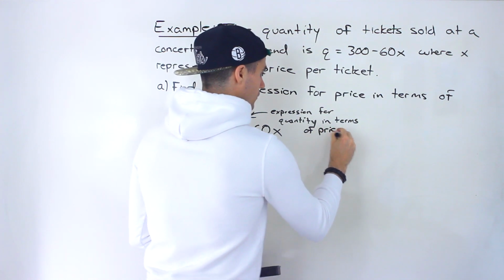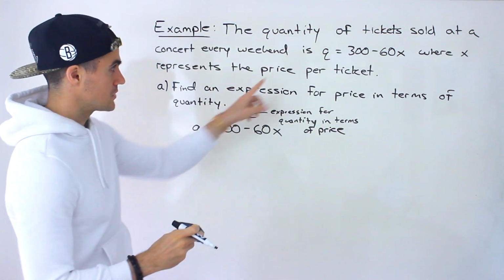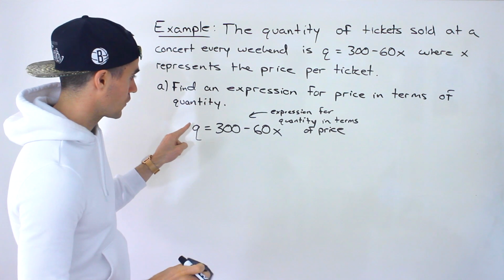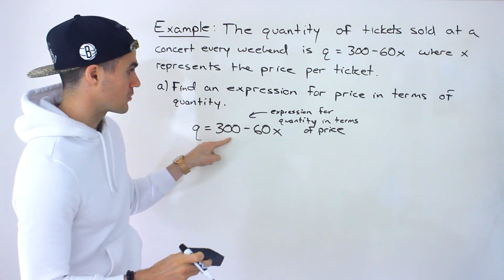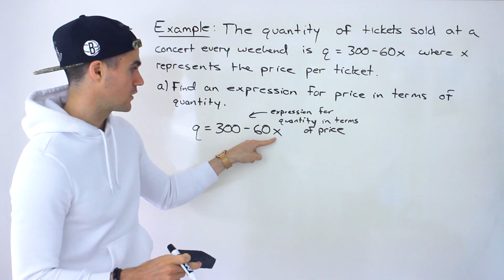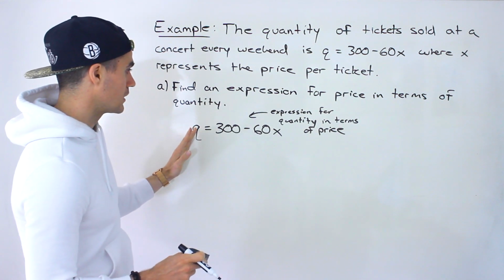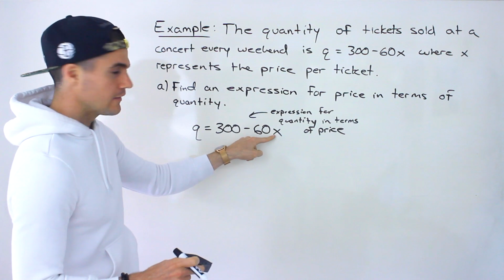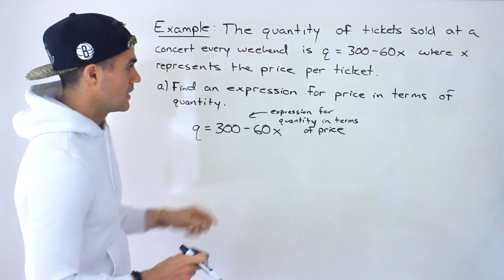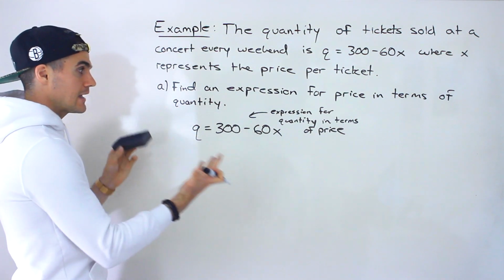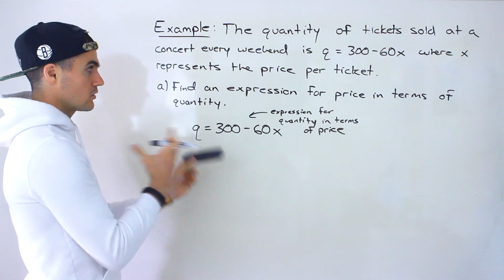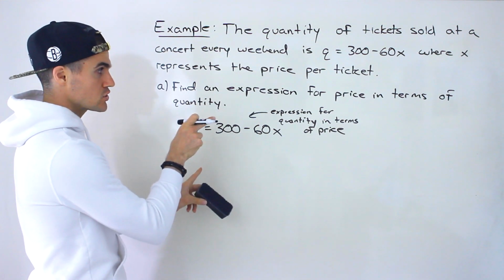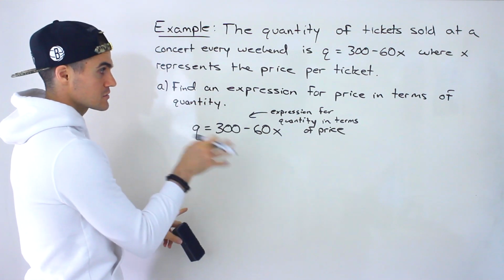So just be careful with the wording here, right? This expression that we're given is an expression for the quantity in terms of the price. The price is like the independent variable, and then the quantity is the dependent variable, right? This is like the Y, and then that's the X. But what they want in part A is the reverse of that, or the inverse of that. Find an expression for price in terms of quantity.